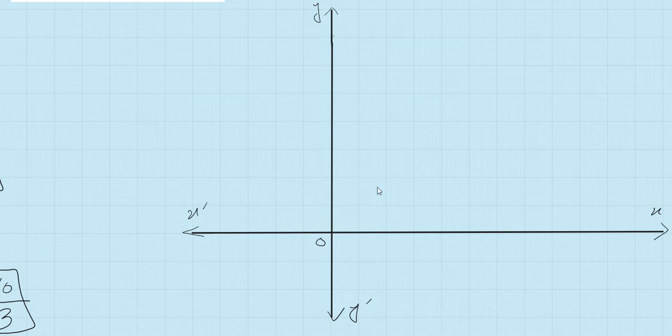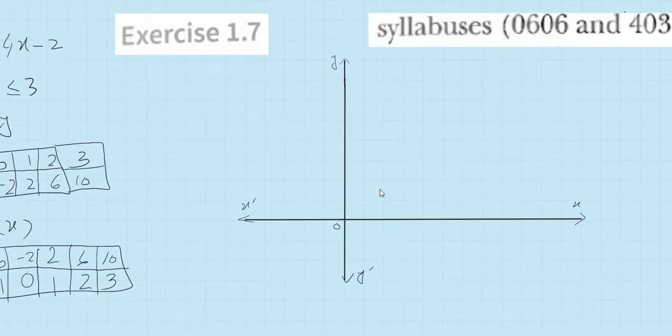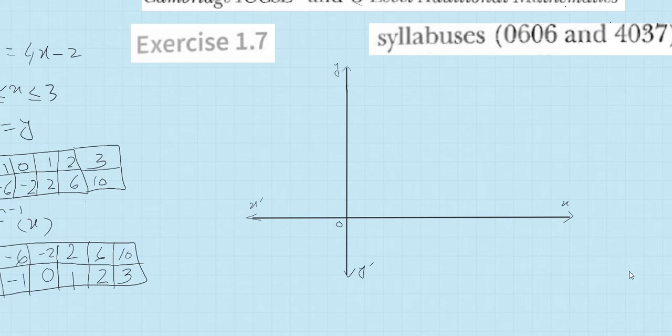Now it's time to plot the values. First, we have to plot the values of x and y. So x is minus 1, but before we plot, we have to assign the values of x and y.